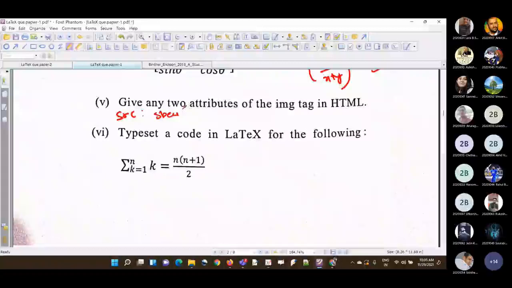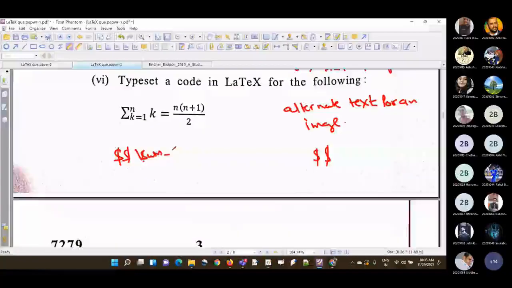You have to use a dollar sign, then backslash sum, then underscore k equals 1, then exponent n, then give some space and write k.